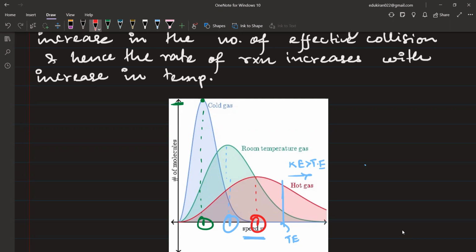You got a bit of clarity that the number of molecules is the same in all of them. But the number of molecules corresponding to a particular speed is different in different cases, right?